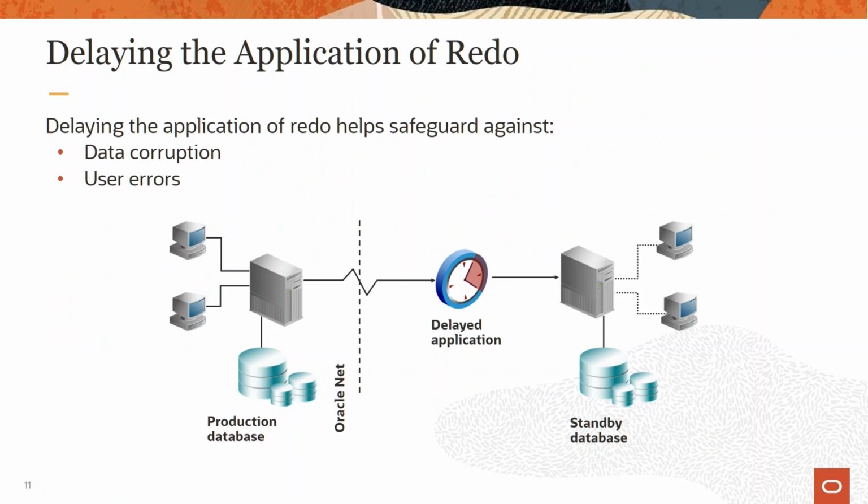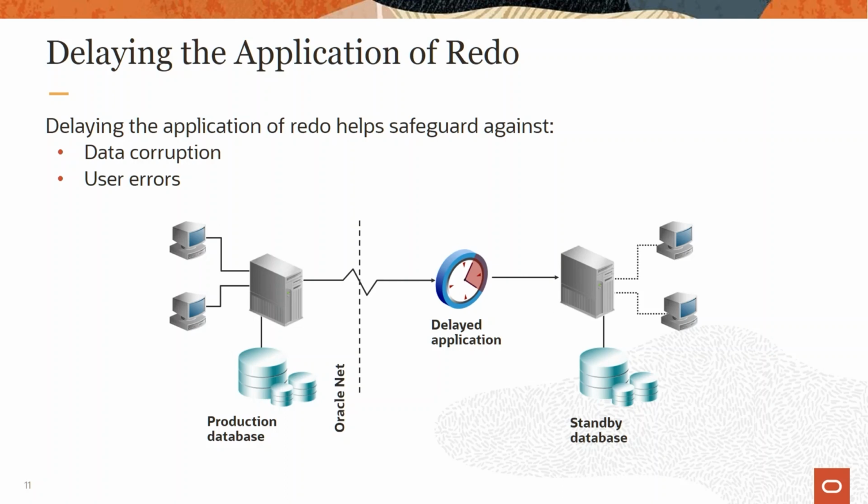For example, if you run your transactions in the primary database and redo is transported to the standby database, instead of applying redo immediately, you may want to set up a redo application delay, so that your standby database is a few seconds or a few minutes behind.